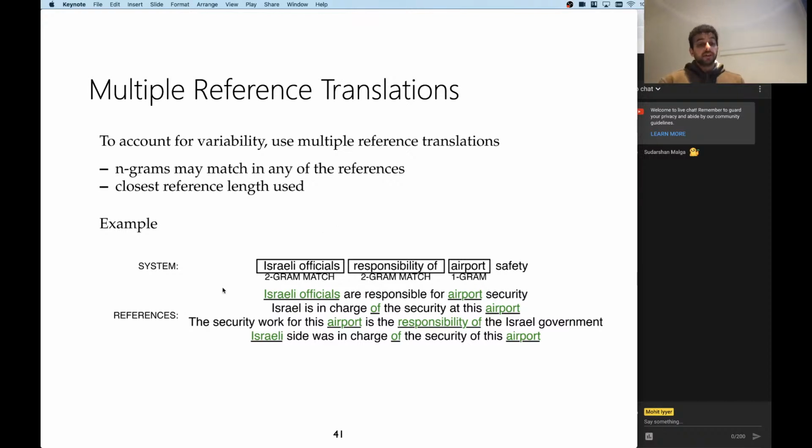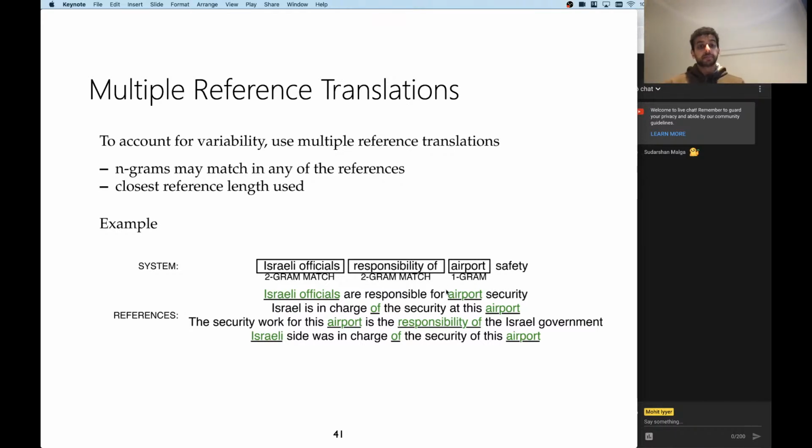Yeah, so if we're computing precision, we're just saying that any bigram that matches one in the generated system in any of these references is considered a match. But think about what the recall is doing. The denominator is now the total length of all the bigrams in the references. We have multiple references, right? So we would be asking the system to match Israeli officials, match Israel, match Israeli side. No single translation will include all of these possible variants of this phrase, right?